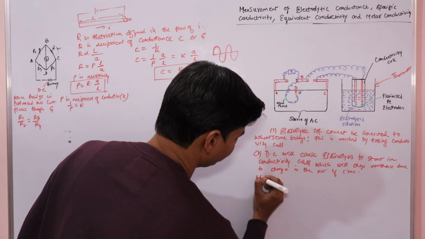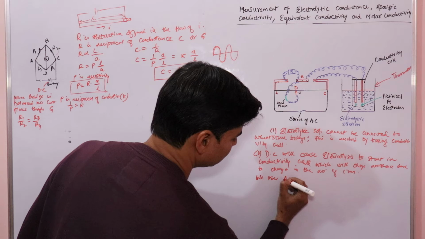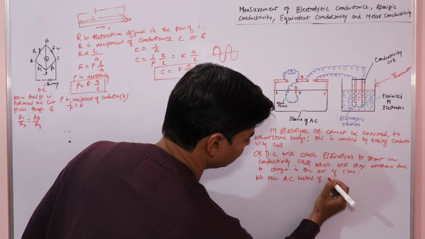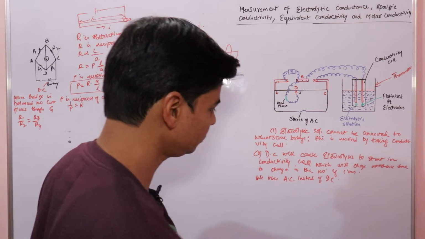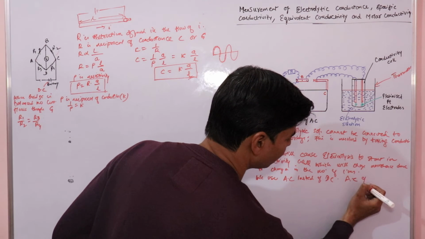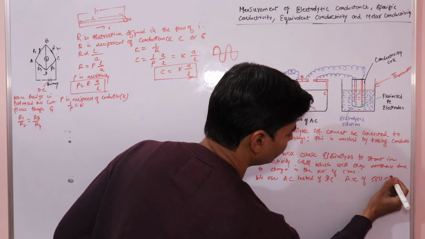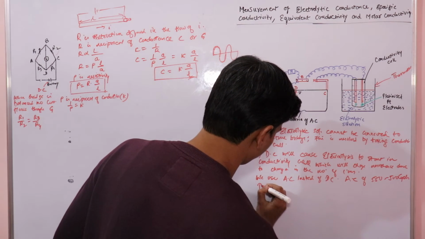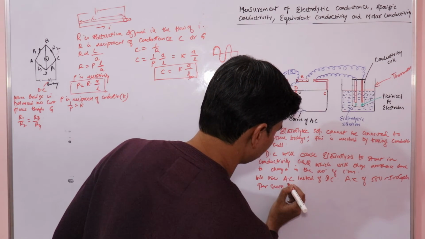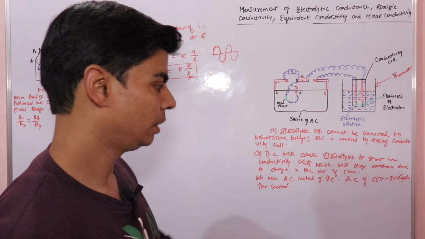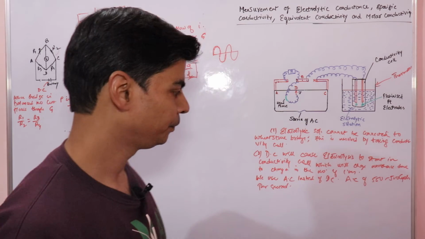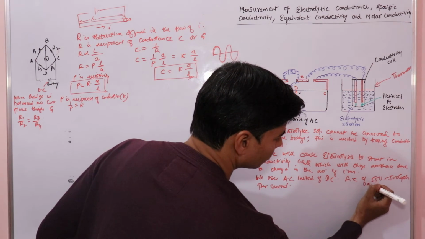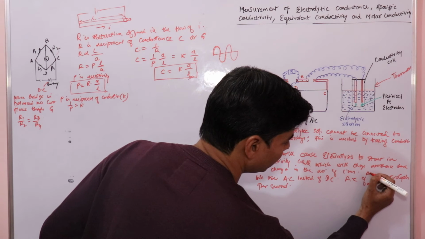So we use alternating current instead of direct current, right? Alternating current of 550 to 5000 cycles per second, alternating current of this much frequency, alternating current of audible range.